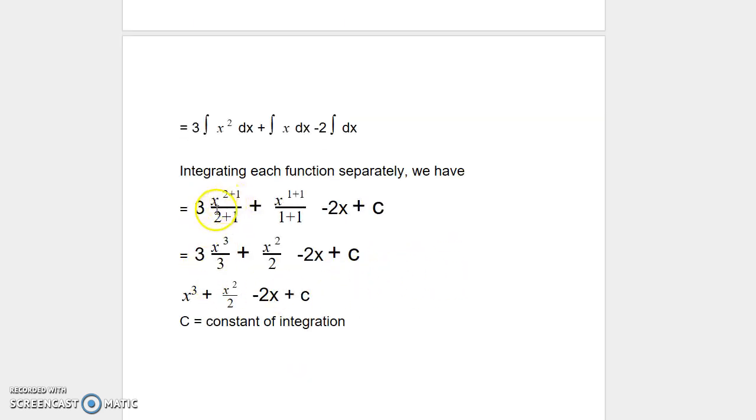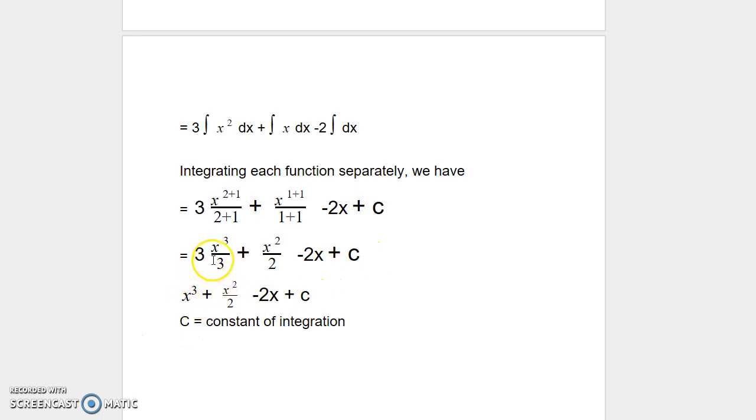So let's simplify this some more. 3 times x to the power of 2 plus 1 converts to x to the power of 3. In the denominator, 2 plus 1 converts to 3, plus in the second term, x to the power of 1 plus 1 converts to x squared. And in the denominator, we have 1 plus 1, which is equal to 2, minus 2x plus c.